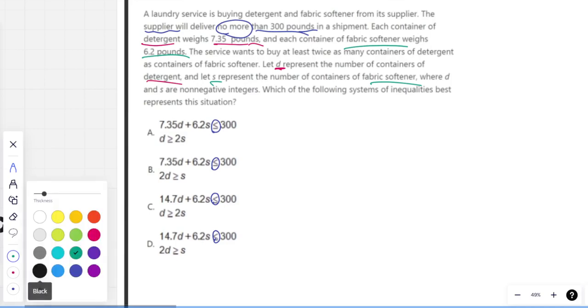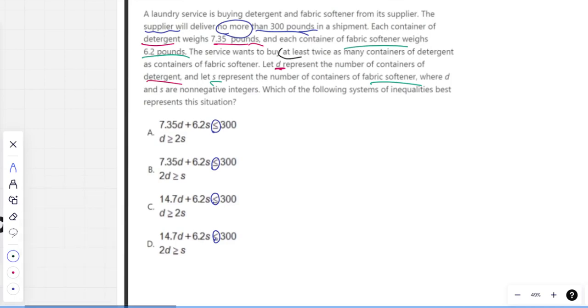The last clue that we have here is that the service wants to buy at least twice as many containers of detergent as containers of fabric softener. That's probably our trickiest scenario here. So what I'm going to do is eliminate C and D because the numbers are not correct here.